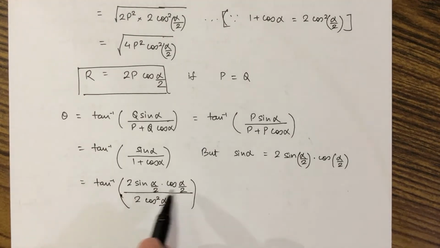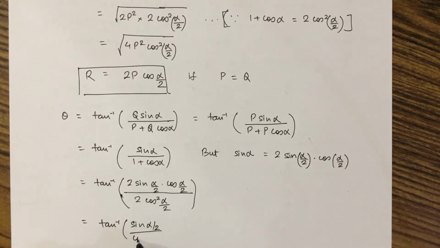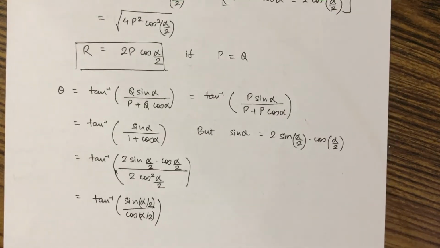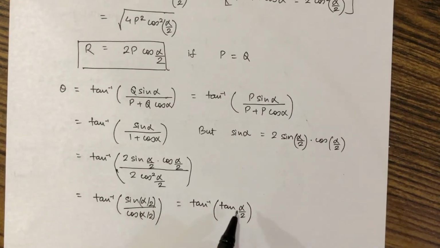So here cos alpha by 2 gets cancelled, 2 gets cancelled. What will remain? Tan inverse of sin alpha by 2 upon cos alpha by 2. But sin alpha by 2 upon cos alpha by 2 is tan alpha by 2. So this can be written as tan inverse of tan alpha by 2, and tan inverse of tan can be eliminated.